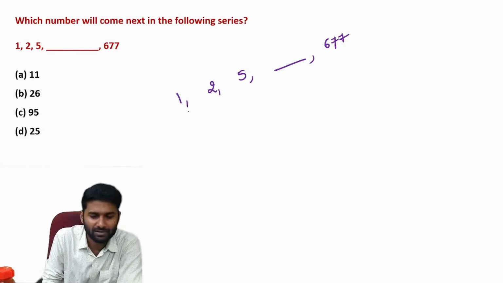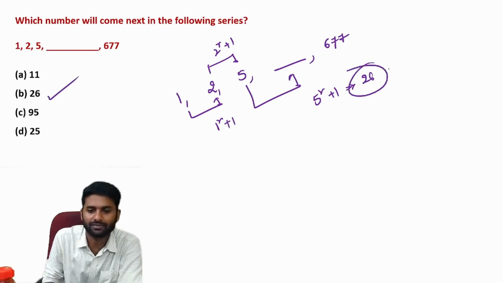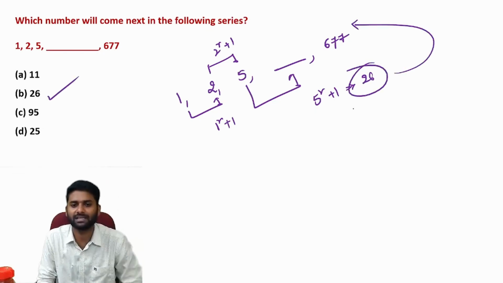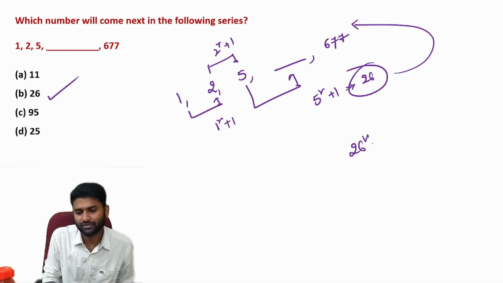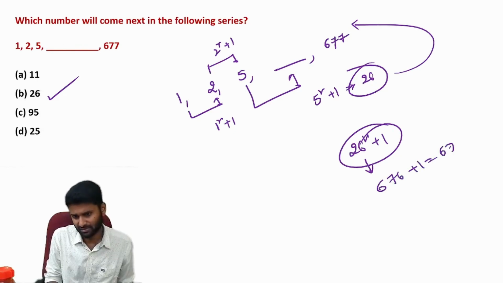Now guys, observe that 1 becoming 2 is all about 1 square plus 1. 2 becoming 5 is 2 square plus 1. The next number, 5 square plus 1, is equal to 26. But verify whether you will get 677 or not. So 26 square plus 1. 26 square is 676, plus 1 is equal to 677.